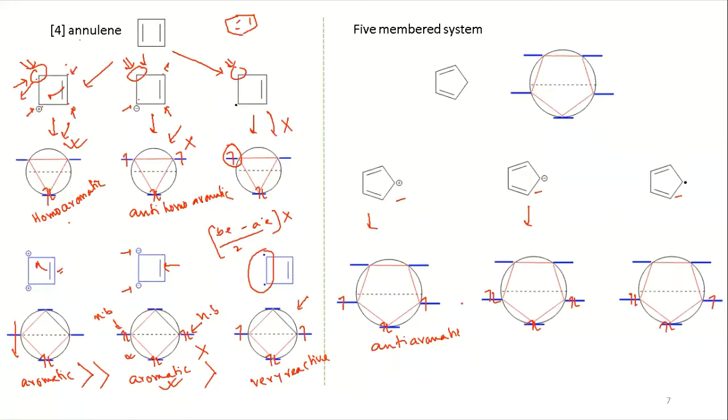Quickly, I'll just finish this one. This is anti-aromatic. This one is aromatic. Why is it aromatic? You have 6 electrons and they are paired in the bonding orbitals. Okay, so this can also form, because you have 1 electron in the bonding orbital. If it is antibonding, then it will be difficult, but this is in the bonding orbital, so it is stabilized and you can generate this one.